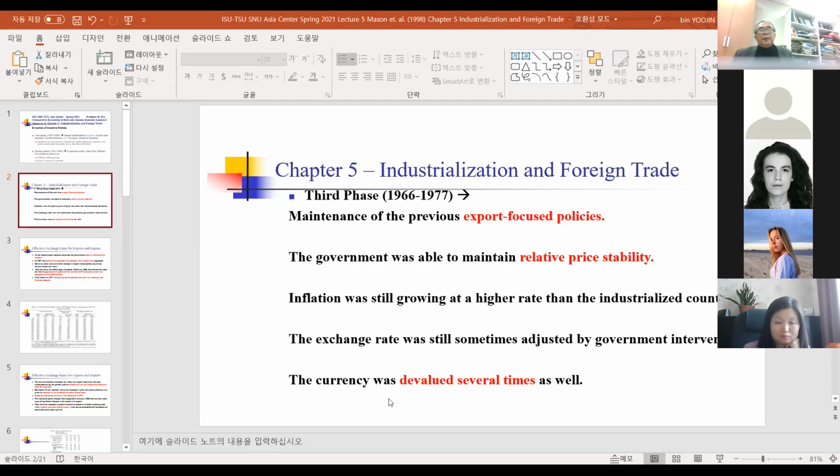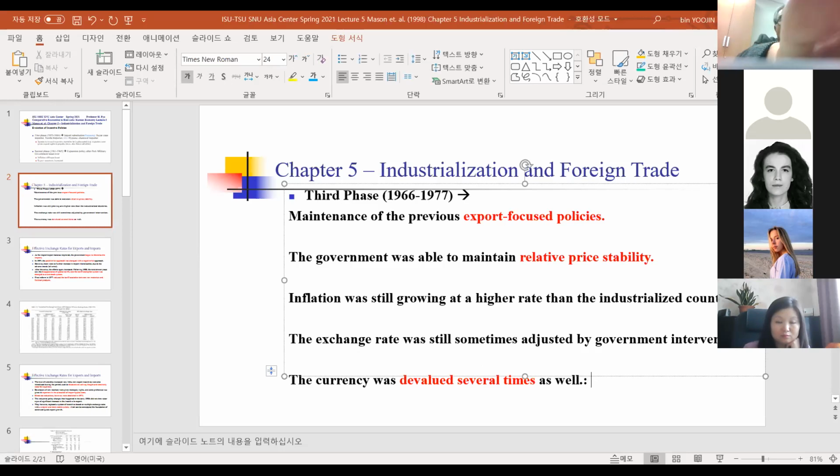Okay. So to let you understand, for example, suppose $1 was exchanged to 101. Suppose this became, let's say, 151.